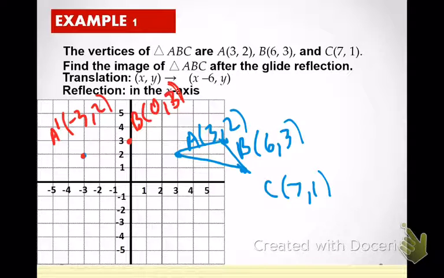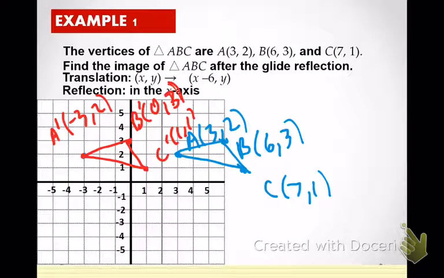It'd be 1, 1. These are my prime values. So this is C prime. It's 1, 1. So we've slid that triangle over. Now we're going to reflect it with respect to the x-axis.